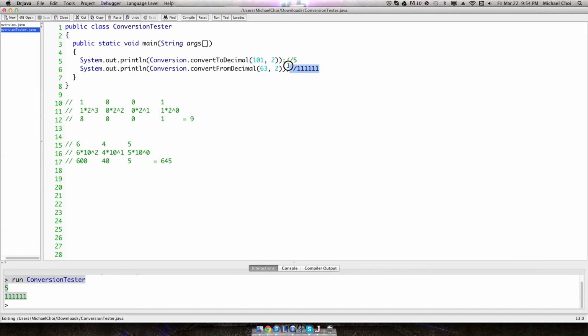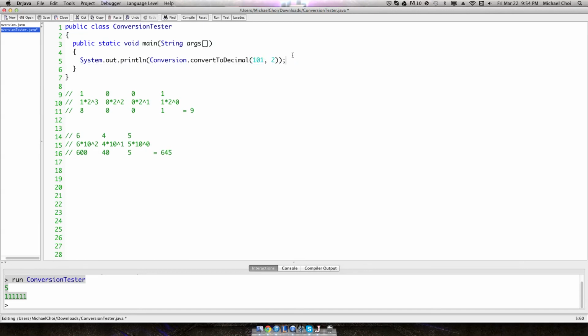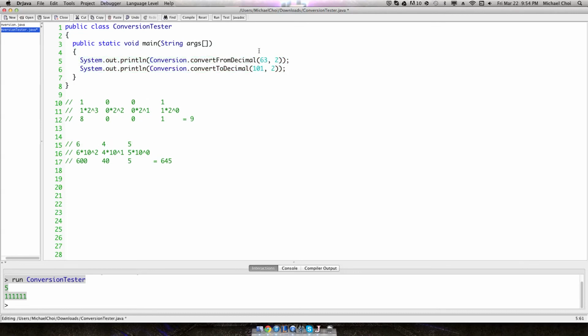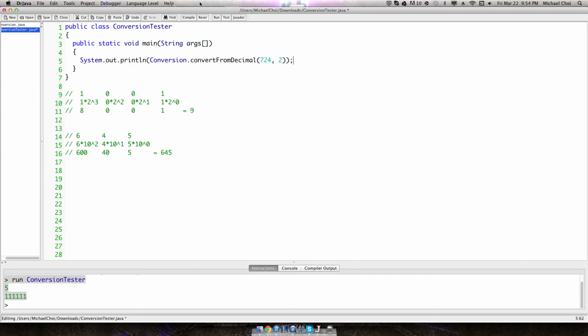And let's do one more foolproof test just to make sure we got the right ideology here. Let's say we're going to print out the number 724 in binary. 724 in binary is equal to this.